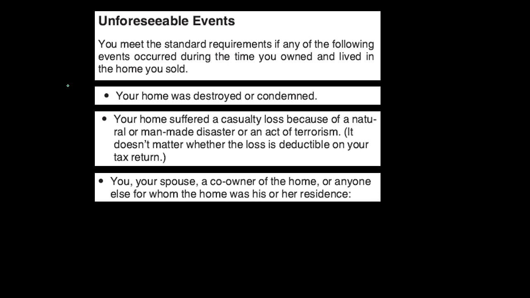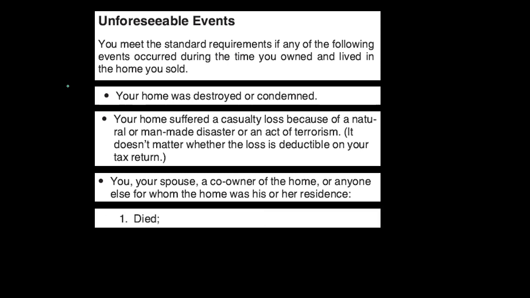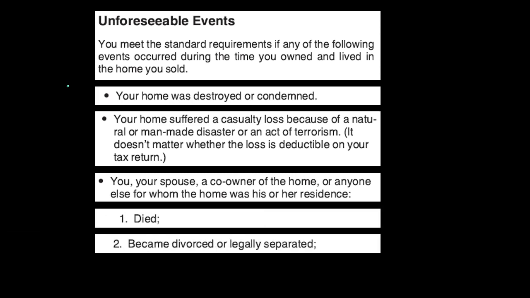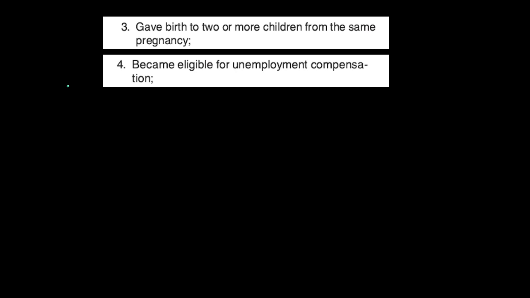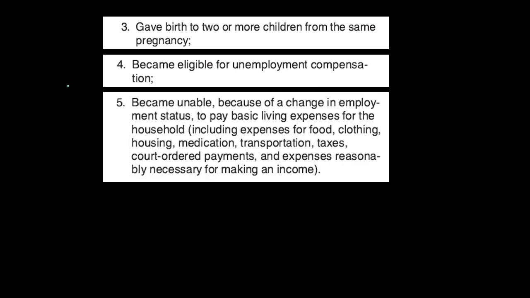You, your spouse, a co-owner of the home, or anyone else for whom the home was his or her residence: 1. Died. 2. Became divorced or legally separated. 3. Gave birth to 2 or more children from the same pregnancy. 4. Became eligible for unemployment compensation. 5.